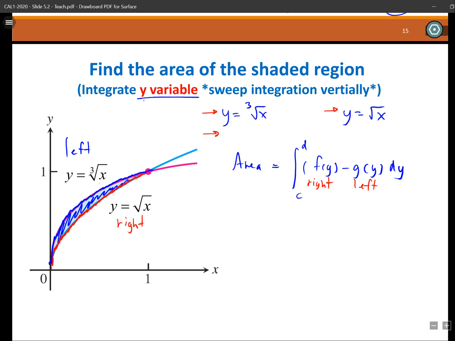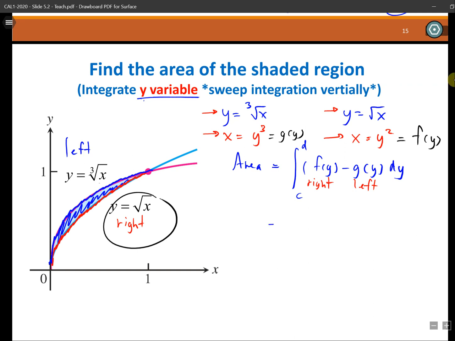So this becomes x equal to y cubed, and this, after moving things around, you have x equal to y squared. And with this, you can assign this one to be f(y), and this y cubed to be g(y), because it's on the left-hand side.